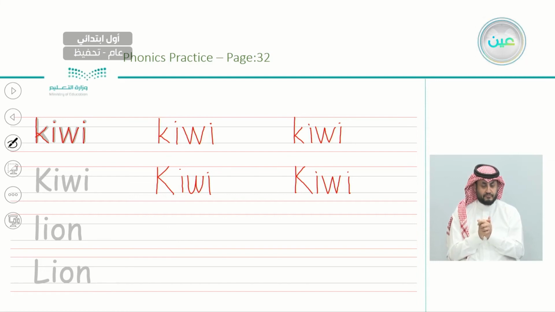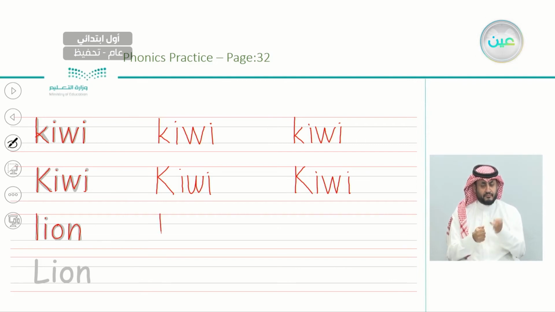What about lion? Yes, start from number 1. Let's trace kiwi again here. Okay, like this. Let's trace lion. Lion, L like this, I, O, N. Okay, so L starts from number 1.